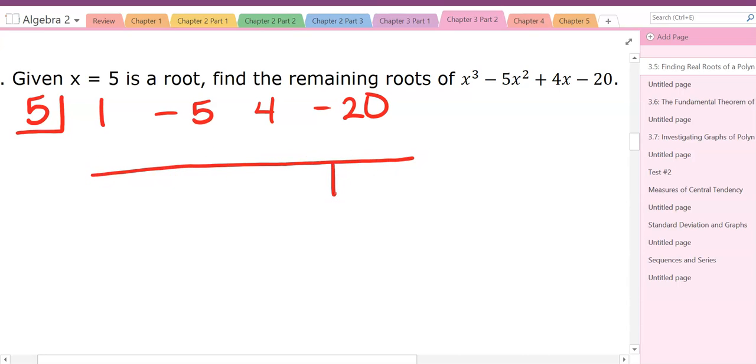Okay, remember you should get a 0 for the end here. So go ahead and do that process.